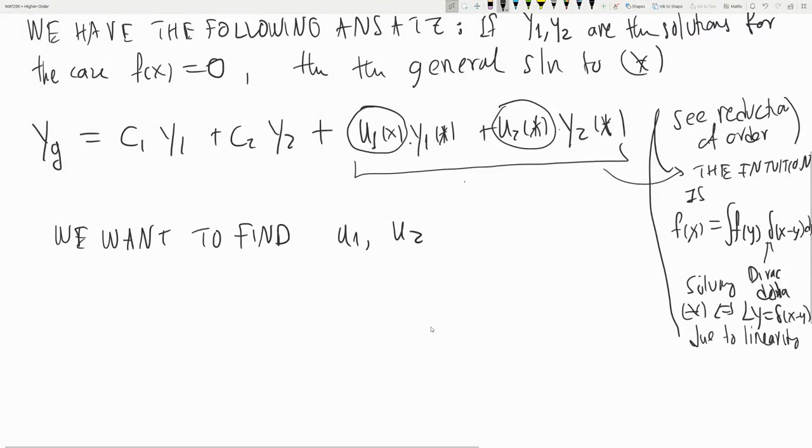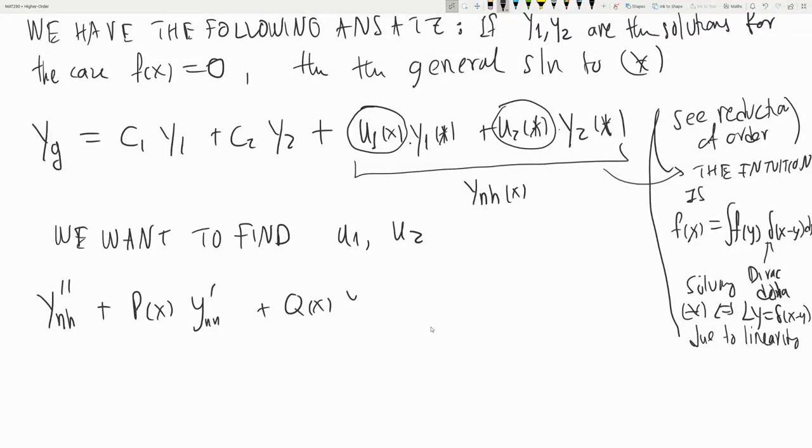Call this y non-homogeneous part. Then we have y non-homogeneous double prime plus p(x) y' plus q(x).